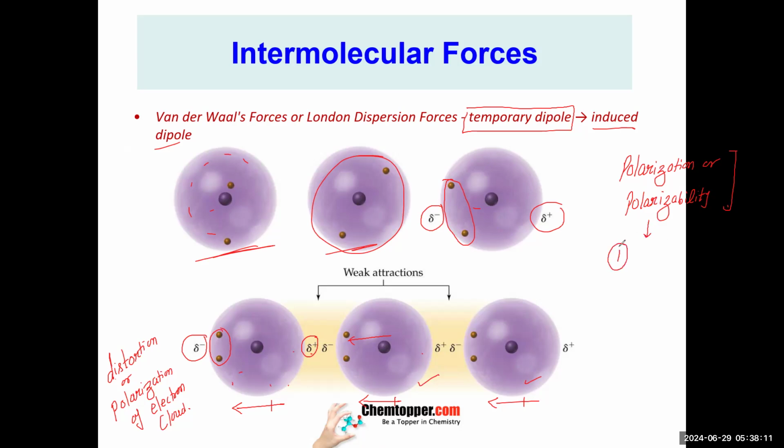First, it is the amount or the size of the electron cloud. More big size, more easily polarizable. Second, it depends on the surface area of the molecule.